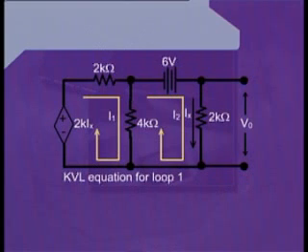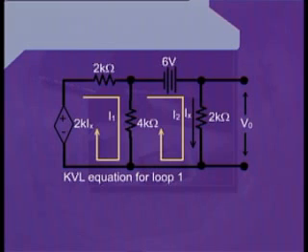First of all, we take mesh 1 and apply Kirchhoff's voltage law to this mesh. Starting from the top left corner, which is one of the terminals of the 2 kilo ohm resistance, we start applying Kirchhoff's voltage law to write the KVL equation for mesh 1.